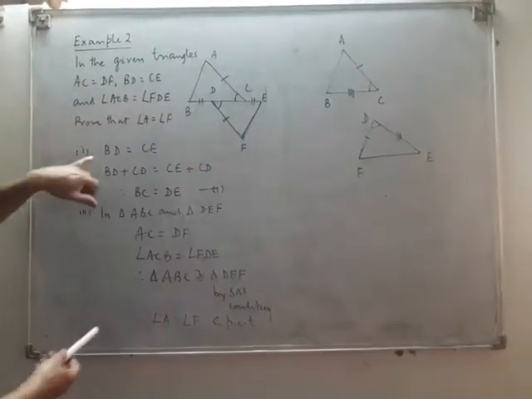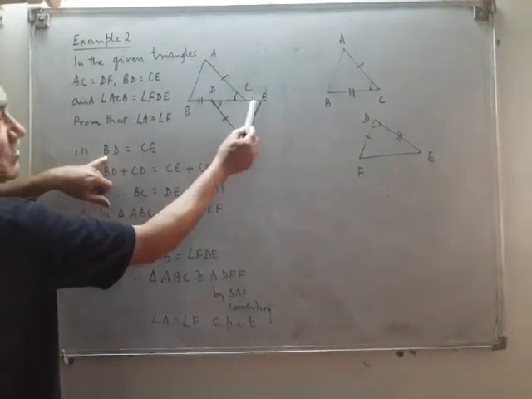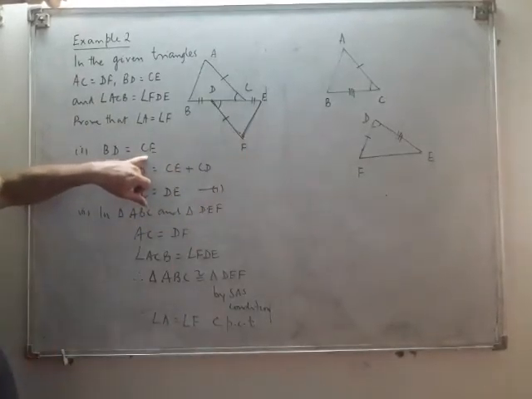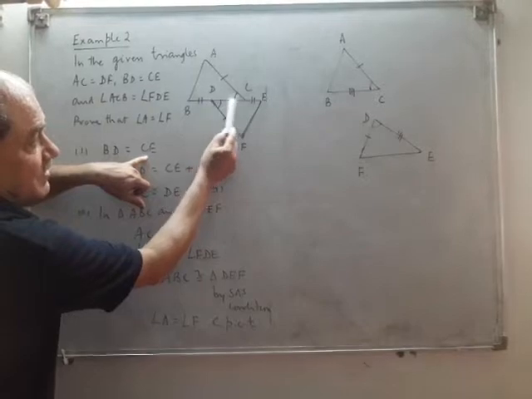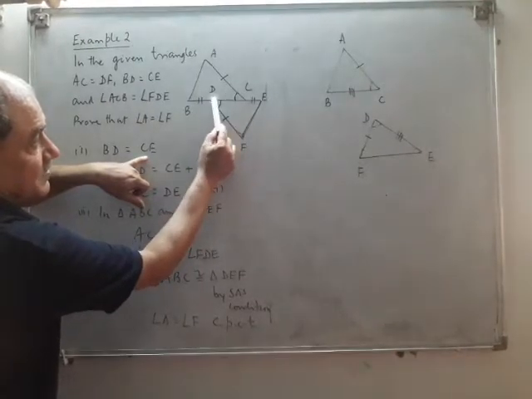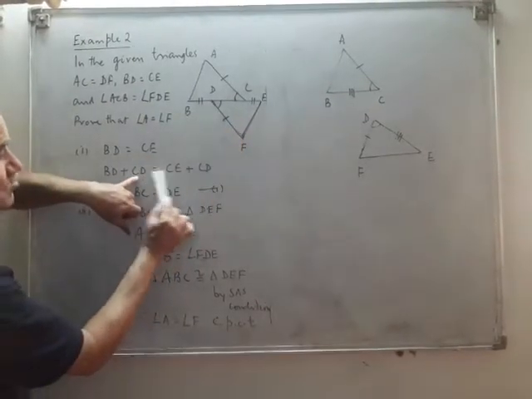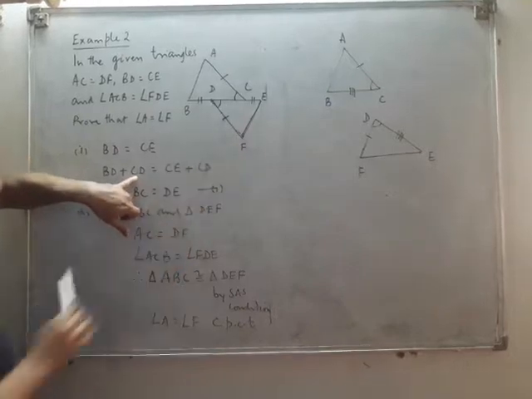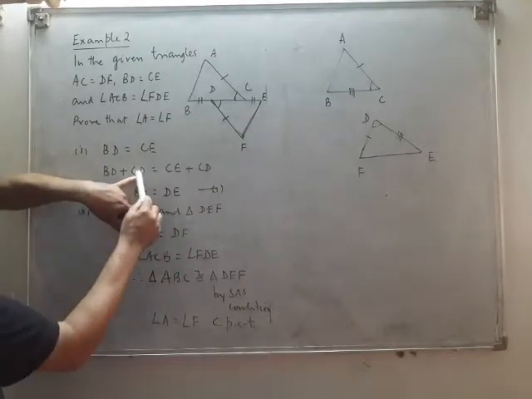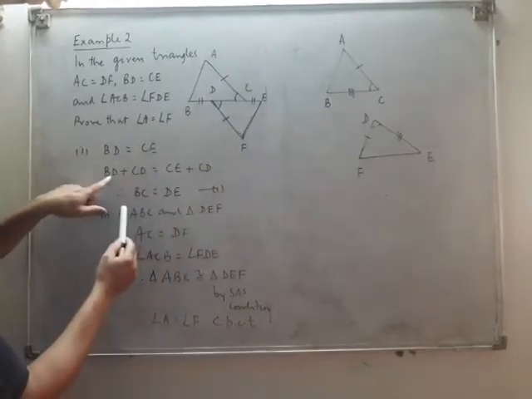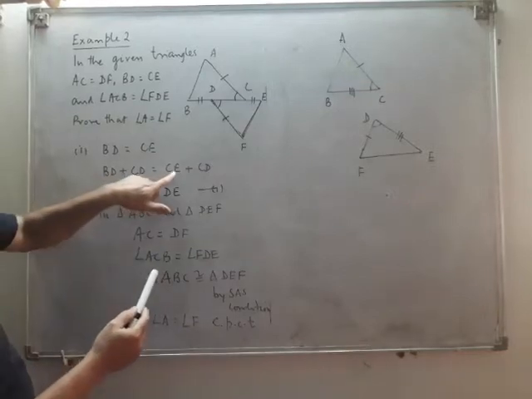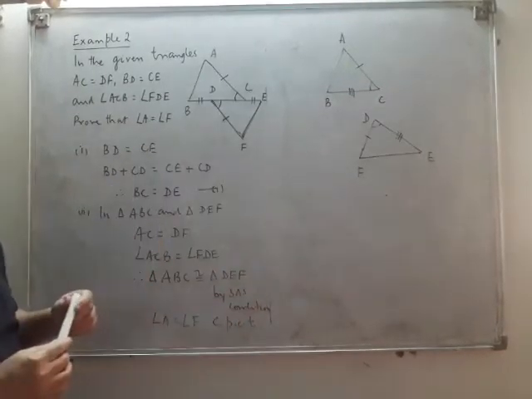Let's see here. We are given BD equal to CE. Now there's this part, can you see here? CD. We'll add CD to both sides. By adding CD to both sides, we get BD plus CD equal to CE plus CD.